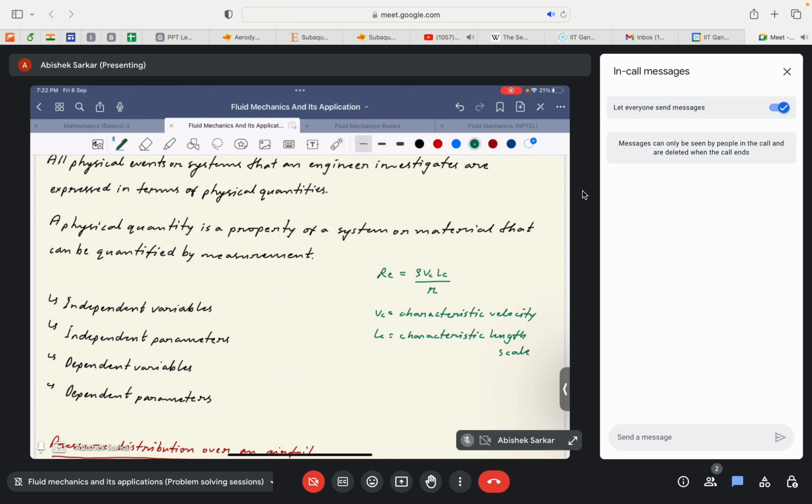In other words, you can say which is the dominant velocity component that governs the flow field, or which is the dominant length scale that governs the flow field.